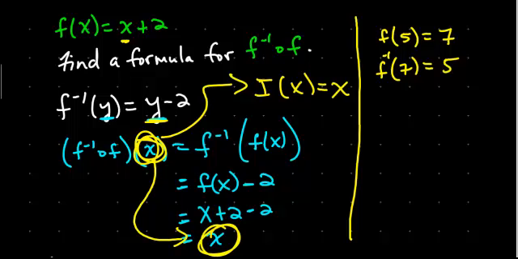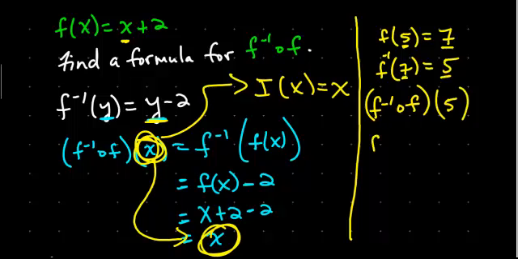And so if I compose f inverse composed with f of 5, f sends 5 to 7, and then the inverse sends 7 back to 5.